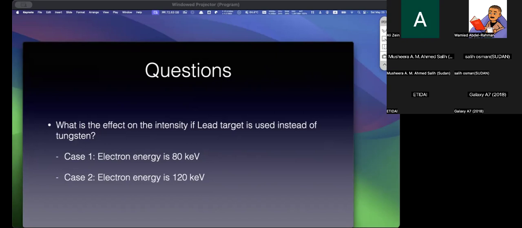The question is, what happens to the intensity of the beam if we replace this tungsten target with lead? Is it going to remain the same, or will the intensity increase, or decrease?